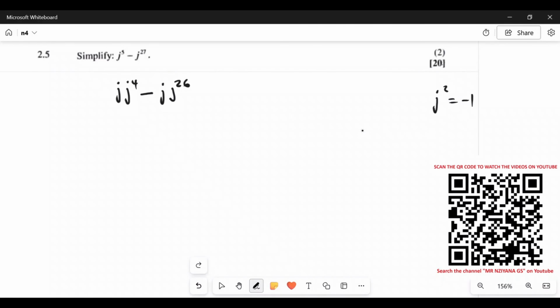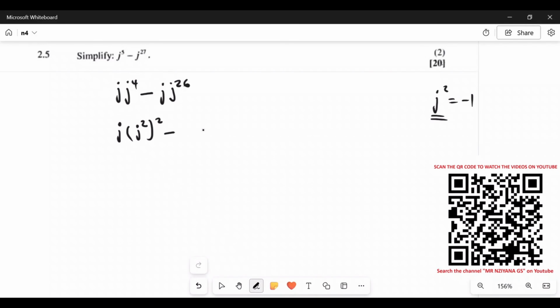The reason why we do that is because we want to use this information that we have here, right? So we can also continue and write J for the first one, but the second one, we can write it like this, J squared, then outside again we have 2. We know that 2 multiplied by 2 is going to give us the power of 4 there, right?